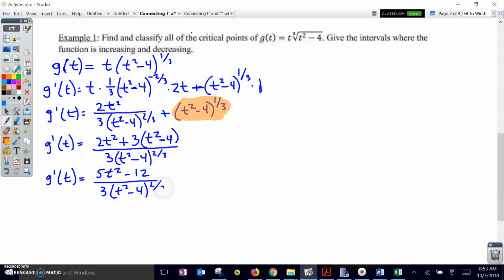And now I can identify where the derivative is undefined and where it is 0. g prime of t is undefined at t equals plus or minus 2. That was pretty easy. And then g prime of t equals 0 at plus or minus the square root of 12/5.